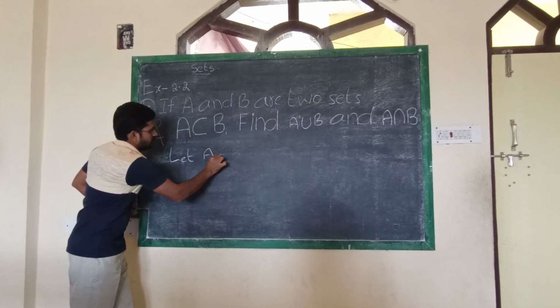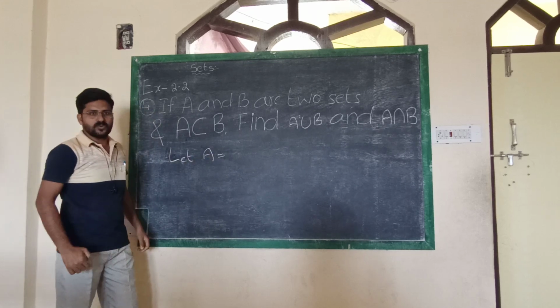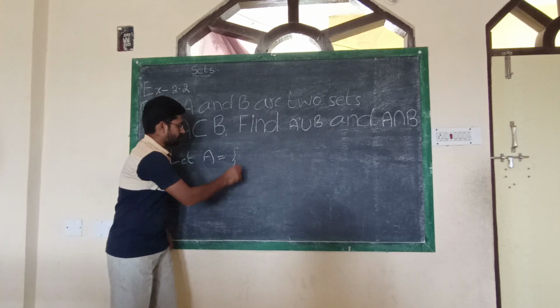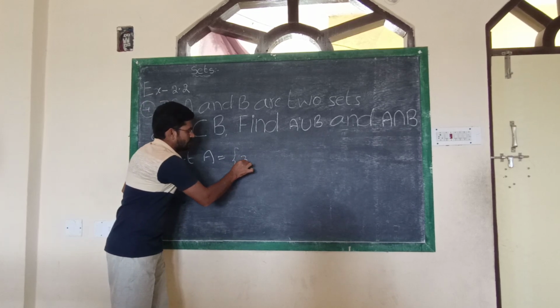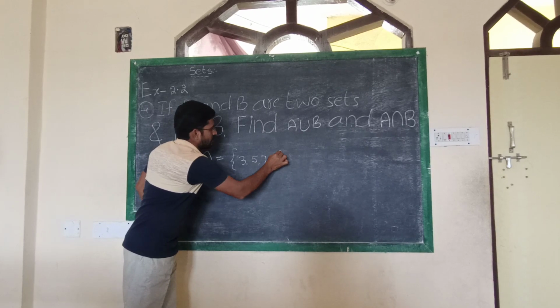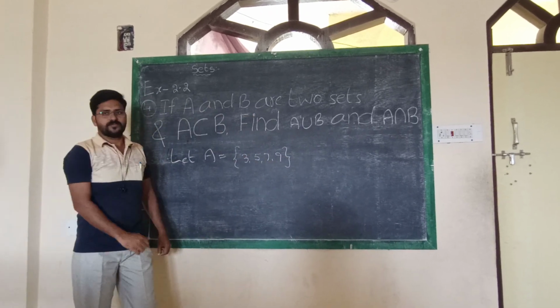Let A be equal to a set that is 3, 5, 7, 9 I have taken.